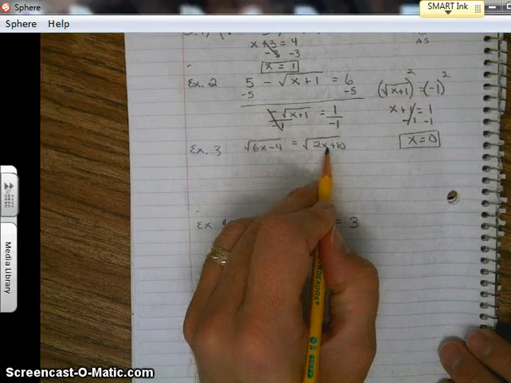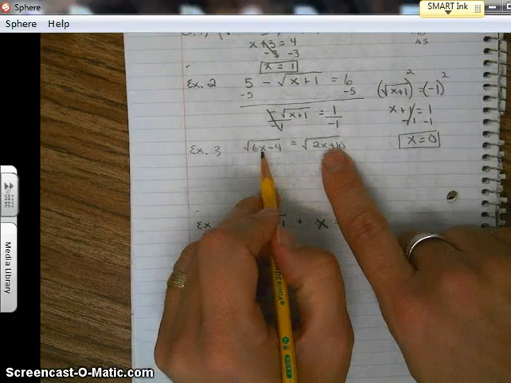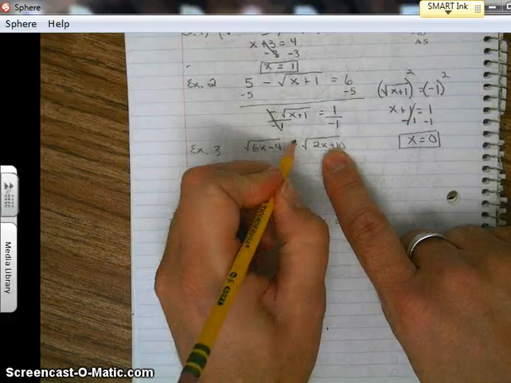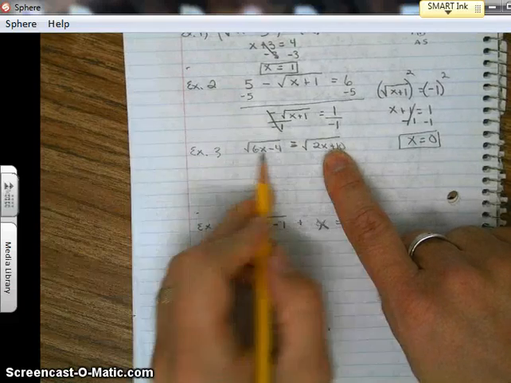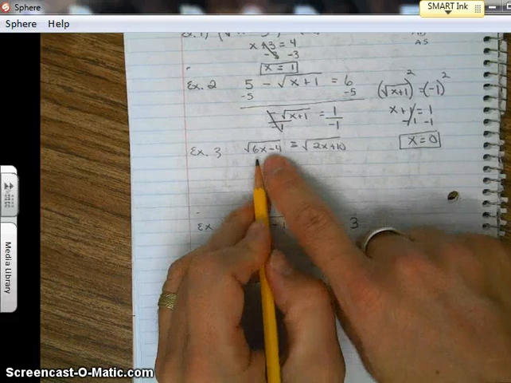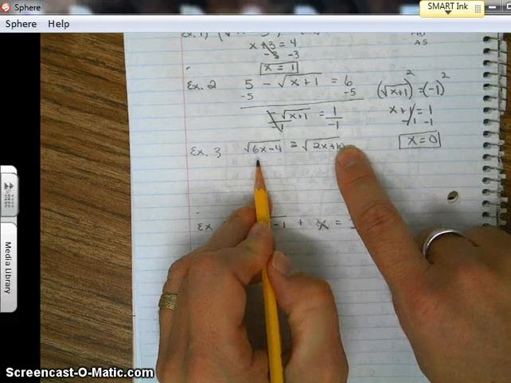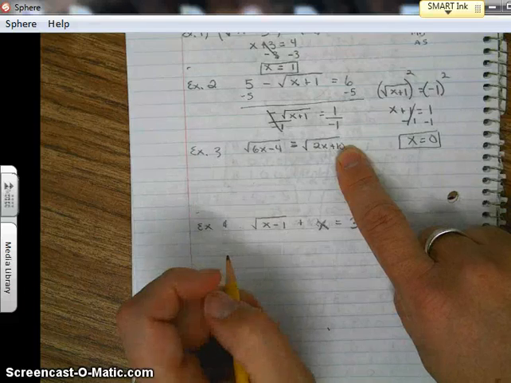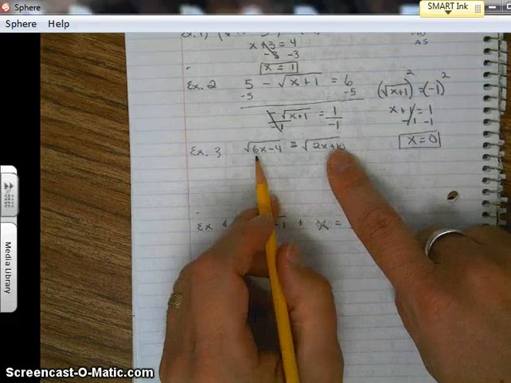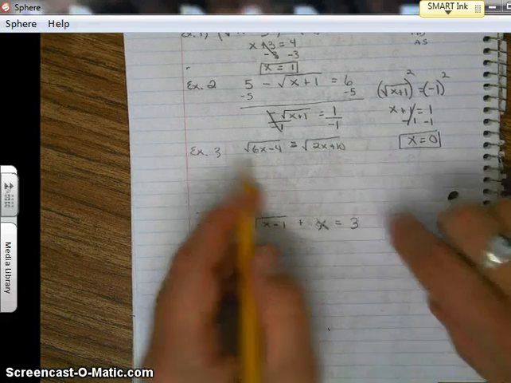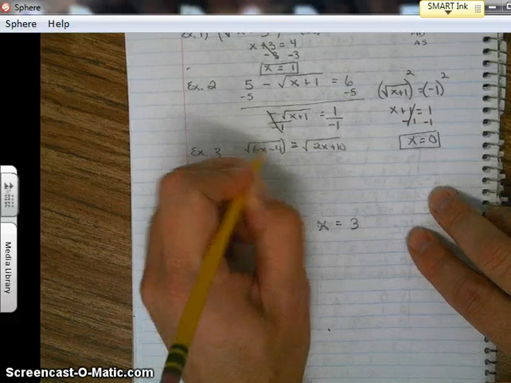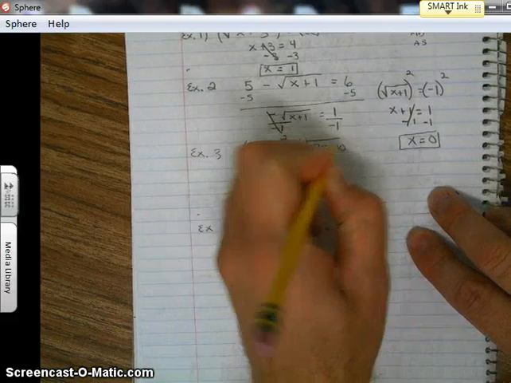Very important: they need to be on separate sides of the equal sign. They can't be on the same side. They have to be on separate sides. And you would move them by adding them or subtracting them. That's how you would move them from one side to the other. So, real simple. We're going to square both sides.